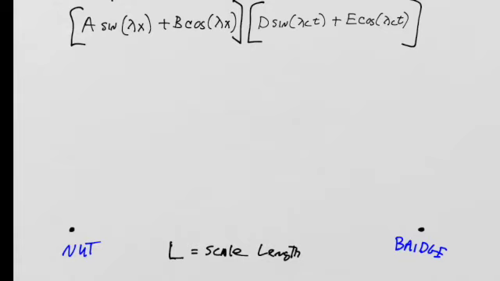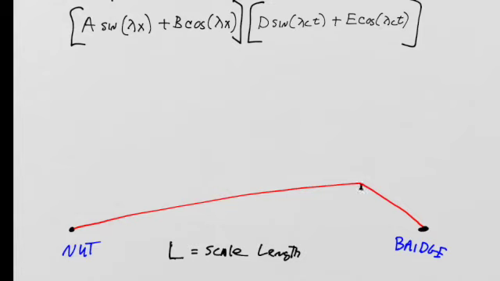We also said that in the beginning, the string is going to have a specific shape. The string is going to look like this. There's going to be some displacement from equilibrium at the start. This is your pick right here.